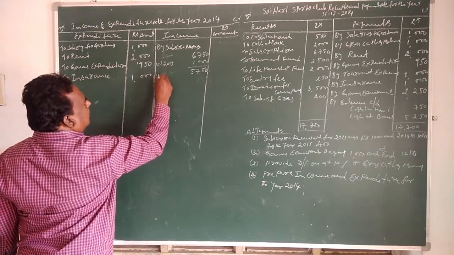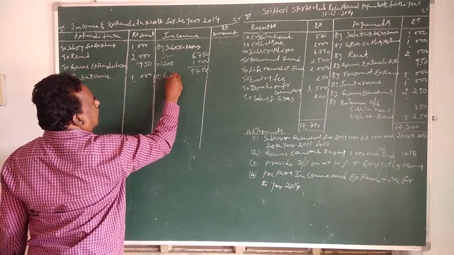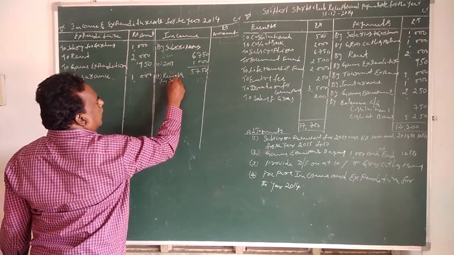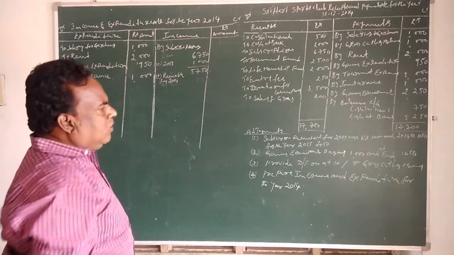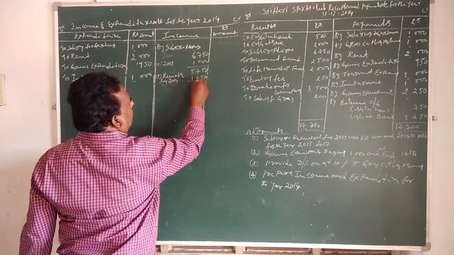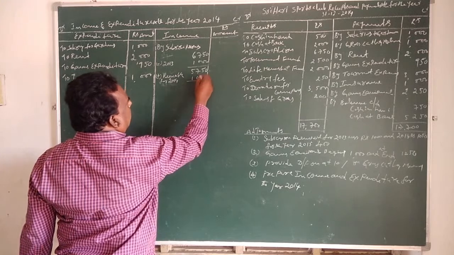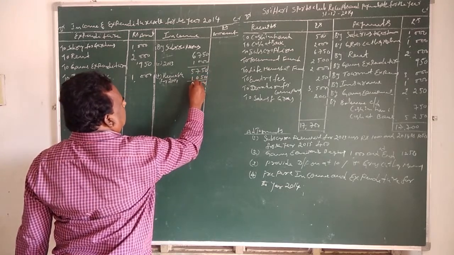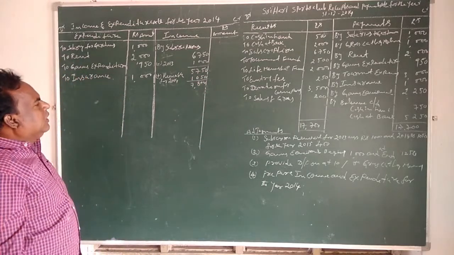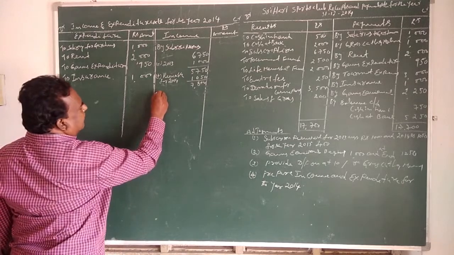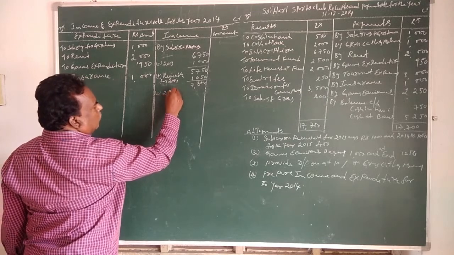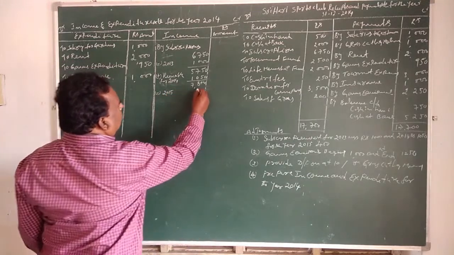Plus receivable for the year 2014, 1050, gives 6,800. Minus received in advance for the year 2015, 400.